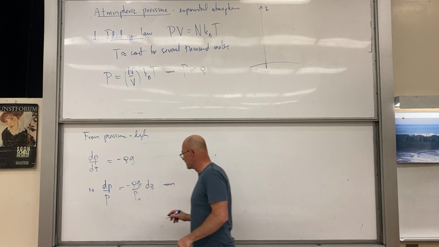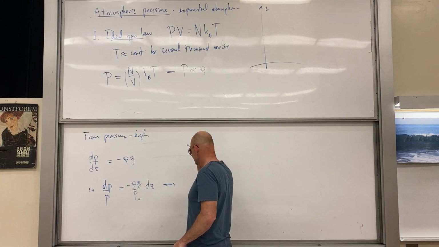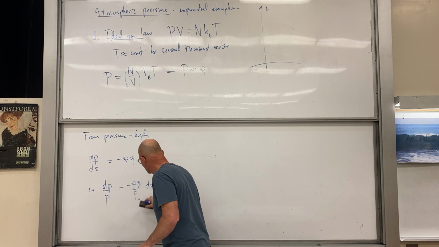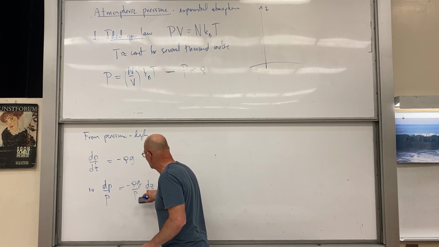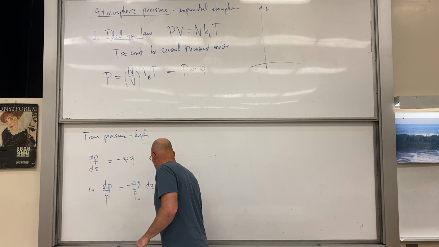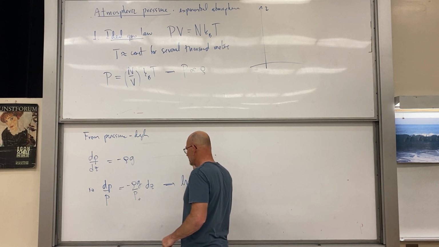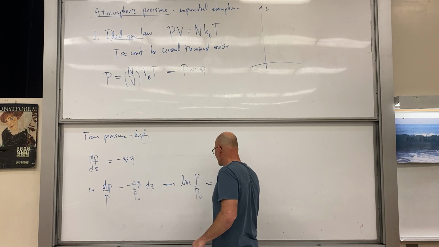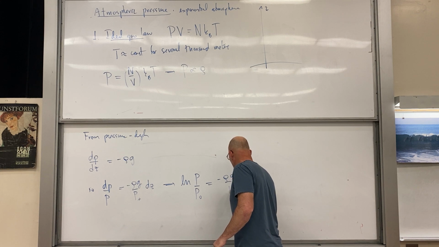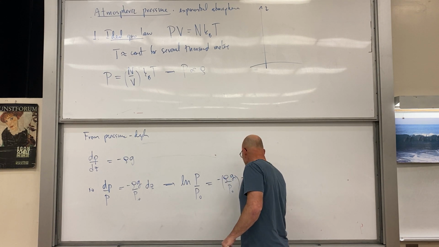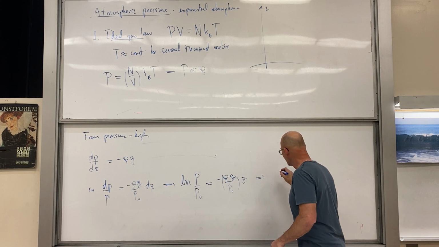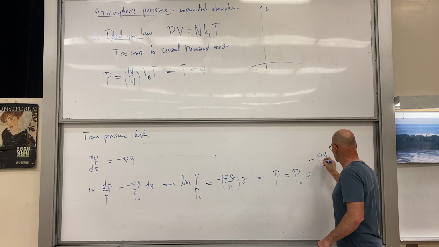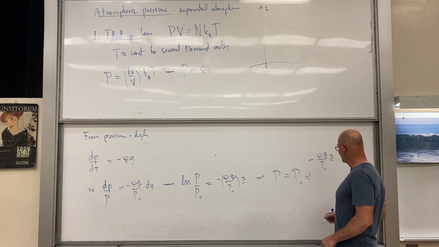And this we can just integrate up. Okay, so we'll have the natural log of P over P0 equals minus rho g over P0 times z, and we have P equals P0 e to the minus rho g over P0 times z.